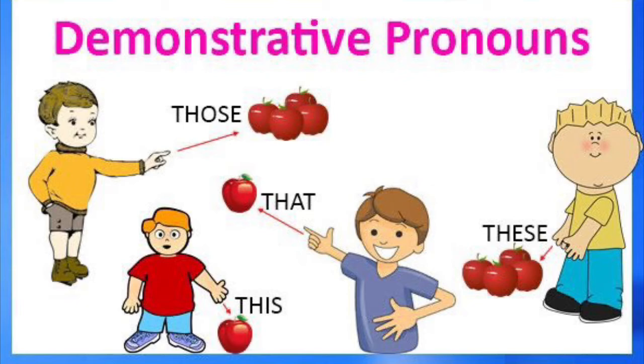If the apples are near and plural, we use these. If the thing is far, a single apple, that. If it is far, more apples, we will use those. So this and that are used for singular, these and those for plural.